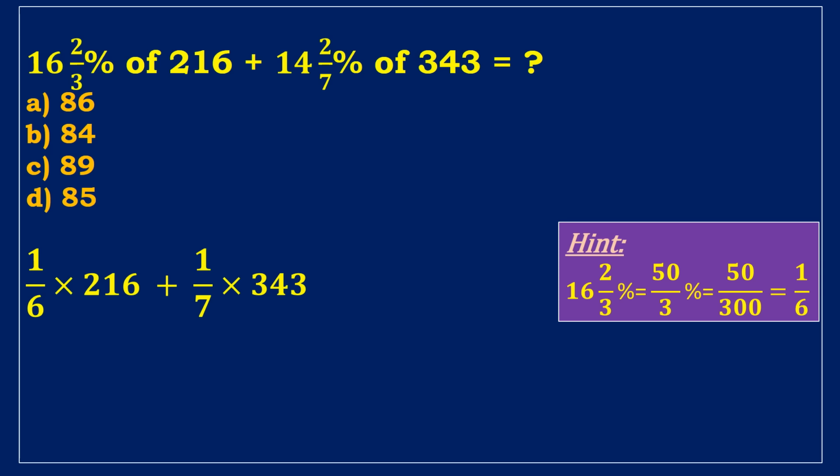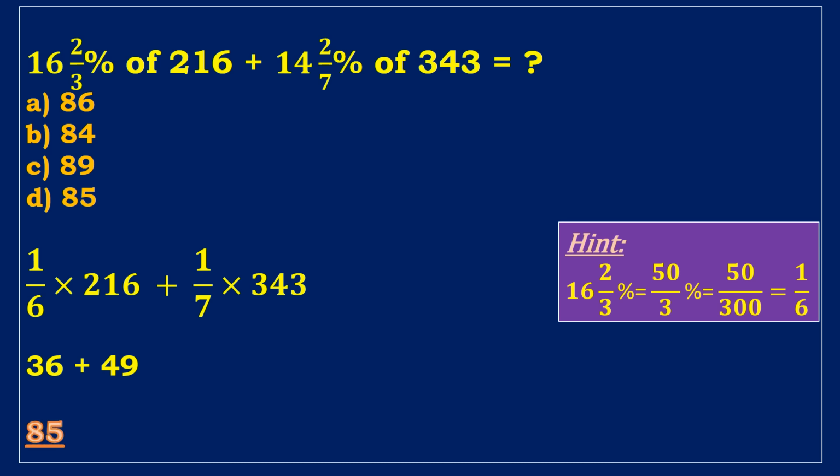We can say that 14 2/7% is 1 by 7. 1 by 6 into 216 and 1 by 7 into 343 becomes 36 and 49 respectively. The sum of these values is the final result, which is 85.